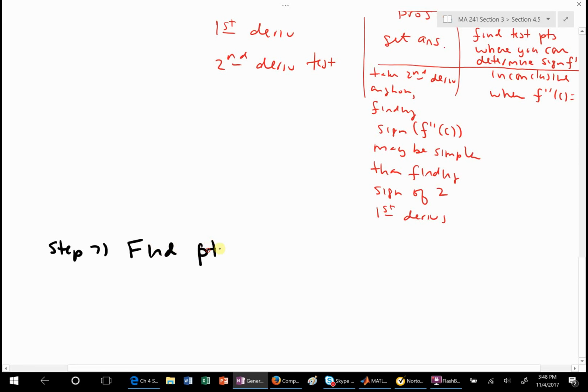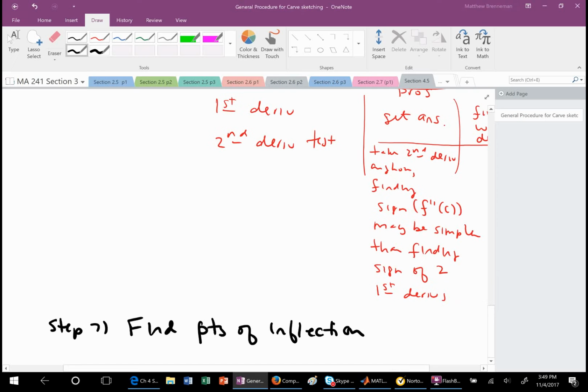So we want to find the points of inflection. Now, one thing to be aware of is that you might say, well, when we find the critical numbers, but not all points of inflection are critical numbers. So that's critical, okay?